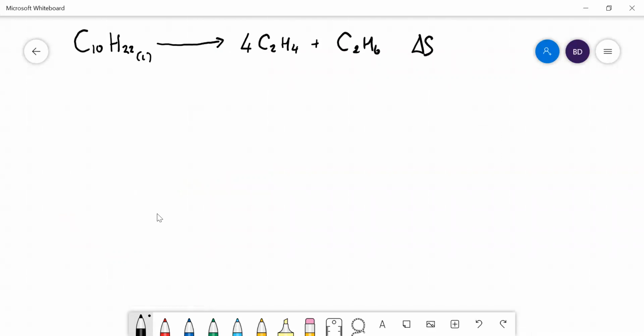So we're given standard S values in joules per mole per Kelvin. For C2H4, the value is 219.5.